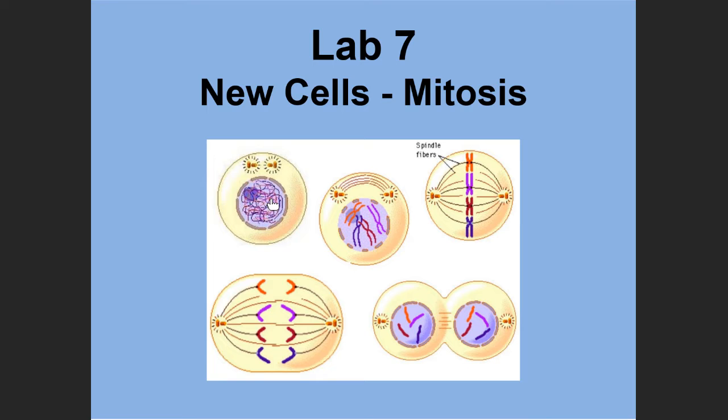Mitosis begins with one nucleus and it ends with two identical nuclei. That's a key for mitosis. It's nuclear division. However, I said it's new cells. New cells are produced through cell division.